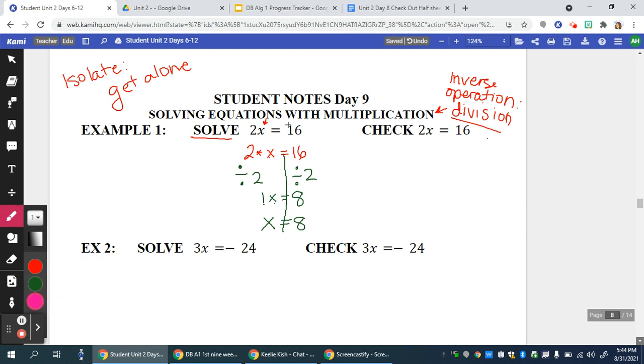Then we can come over here to check, and we check our answer by plugging in the value of x into our equation right here. So we're going to go 2, again, when they're next to each other, it is multiplication, so it's times 8 should equal 16. Sure enough, 16 does equal 16.